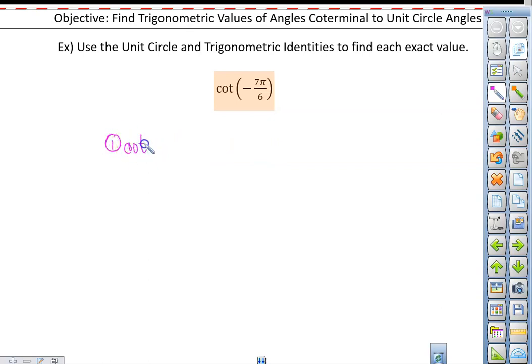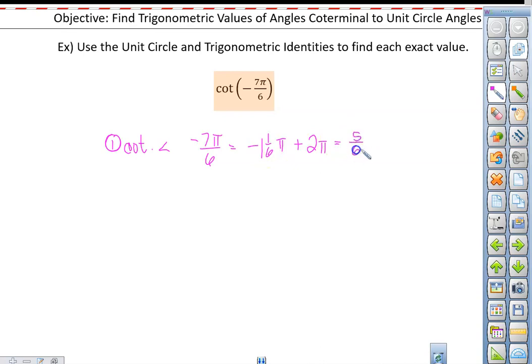So our coterminal angle for -7 pi over 6: as a mixed number, that would be -1 1/6 pi. So I'm going to add a full revolution of 2 pi radians to that. The math here would be 2 minus 1, which would be 1. And then from that 1, I also have to subtract the 1/6. So 1 minus 1/6 would leave me with 5/6.